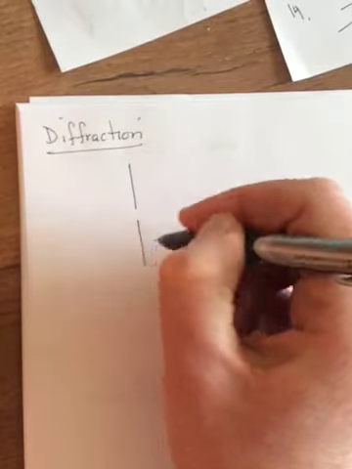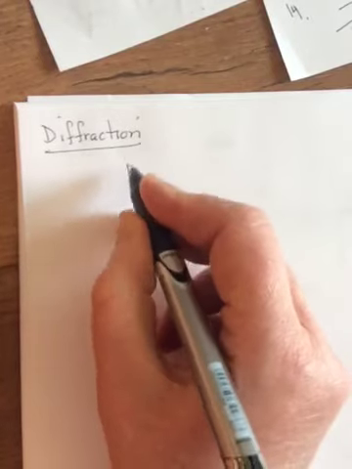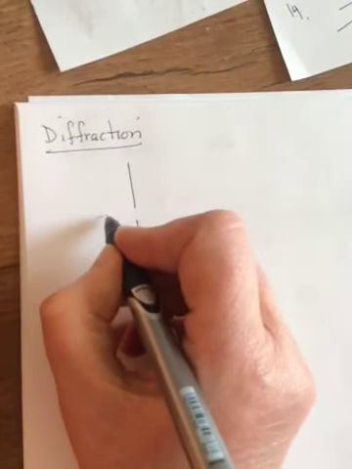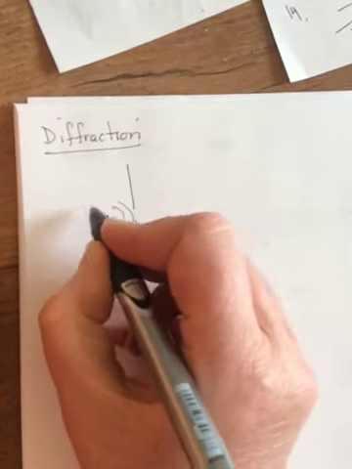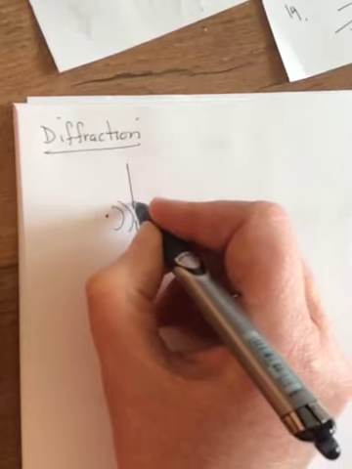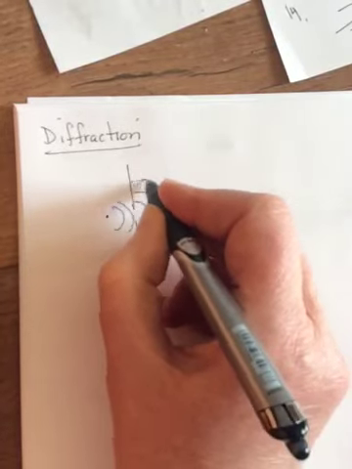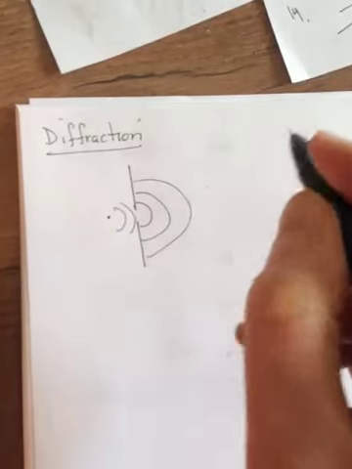If you put a barrier up in your bathtub, 2 blocks of some kind, and then you tapped your finger here, the wave fronts would get to this little opening and they'd pass through the opening and then they would spread out like this, as if this was the new source. Okay?